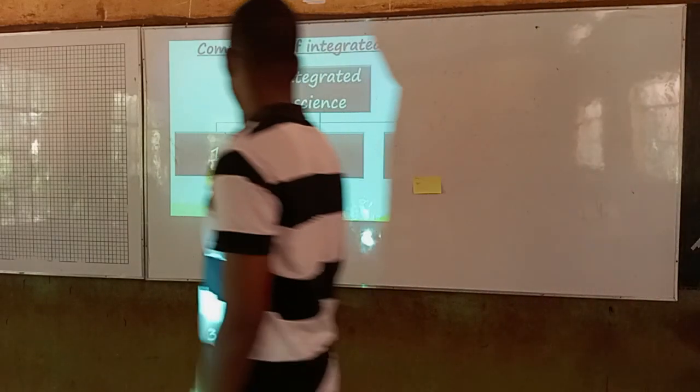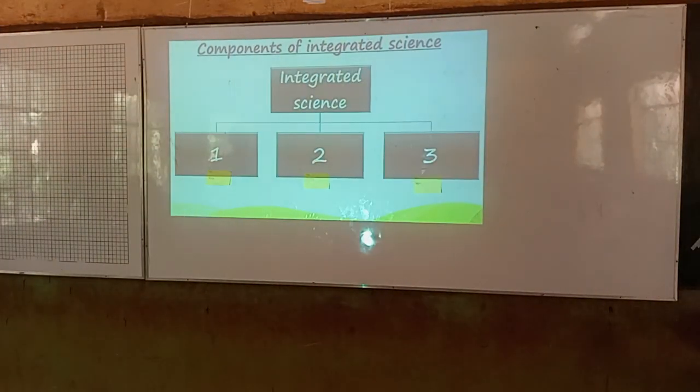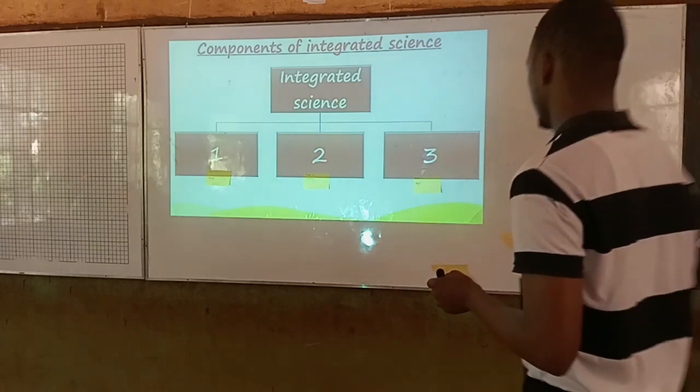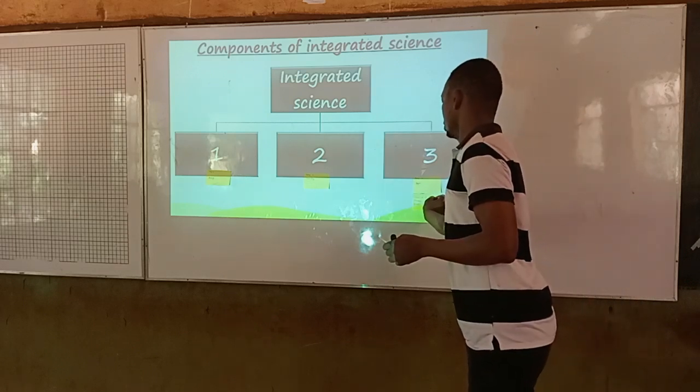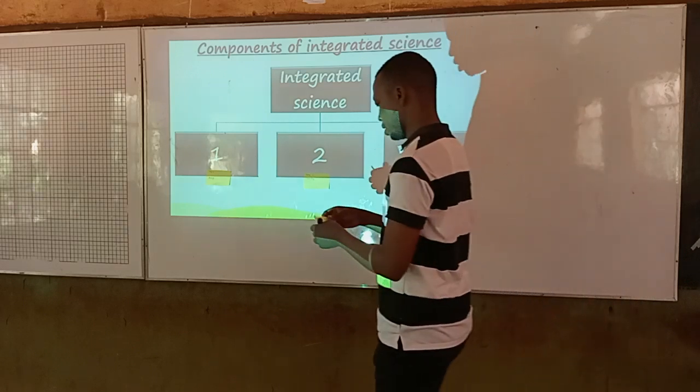Now that was group 3. Group 3, let me have one of you. Group 3, each other group has finished. Group 3, I think you know what you have written, eh? So this is group 1's work.